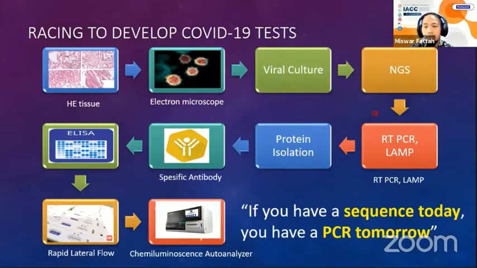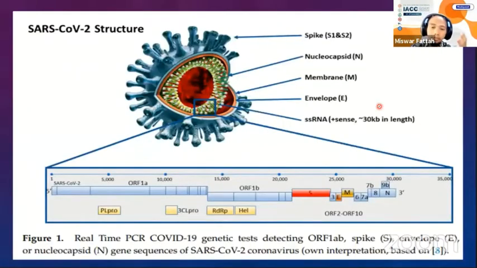Next generation sequencing and molecular testing are very important standard tools for diagnosis of SARS-CoV-2. Based on next generation sequencing, we can map the whole viral genome of SARS-CoV-2, so we know the structure of the genes and can choose which targets are very specific for SARS-CoV-2.